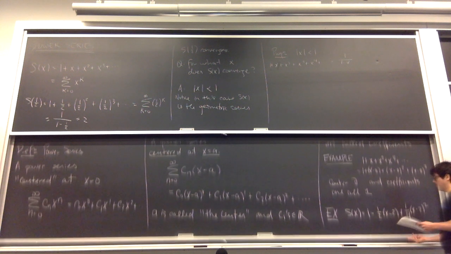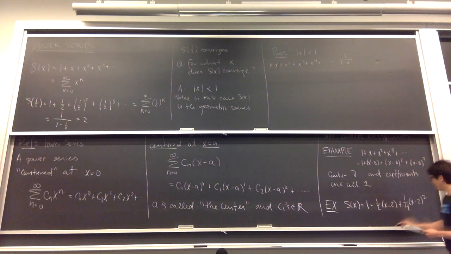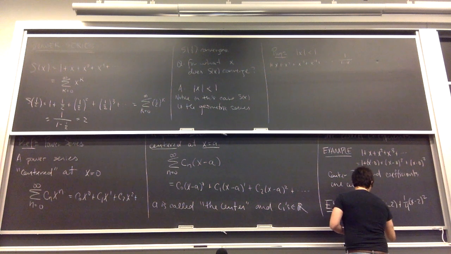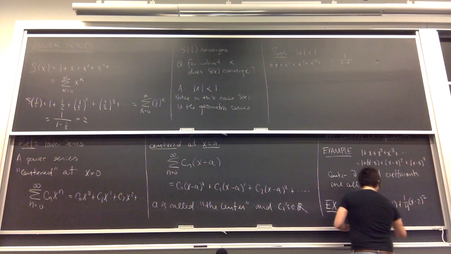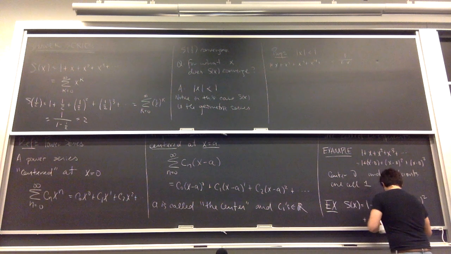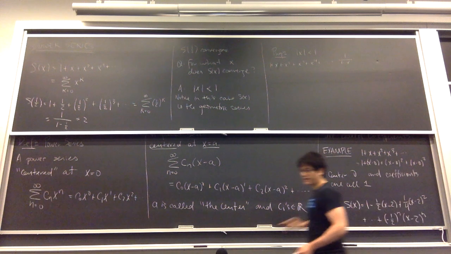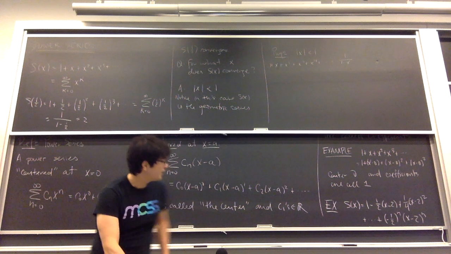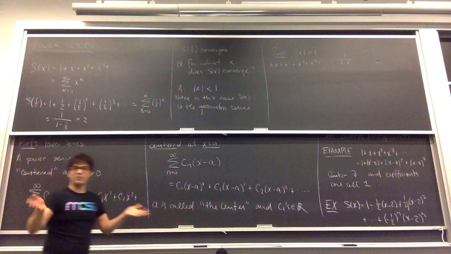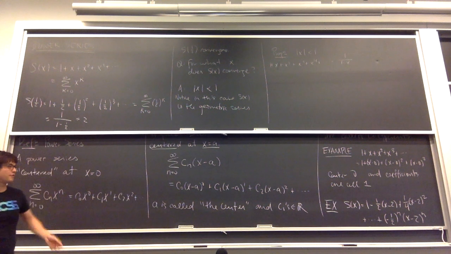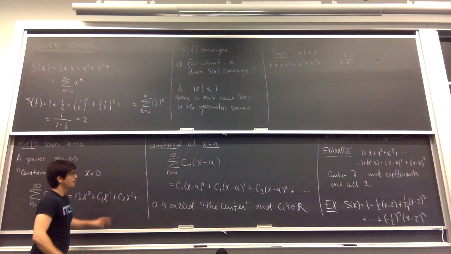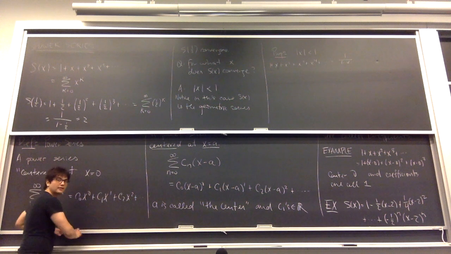I'll just give you the pattern. This goes all the way out to plus dot dot dot, minus a half to the power of n times (x minus 2) to the n. I want to know the center and tell me what c_n is, the nth coefficient. While I wipe down the other board. Can I wipe down this too while I'm at it? Cool.